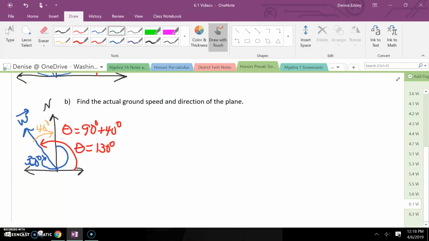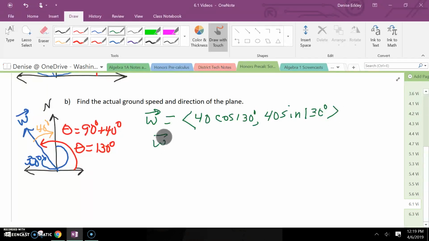Now going through the same procedure we did for the airplane, our wind component form is going to be the speed of 40 times the cosine of 130, and then the speed of 40 times the sine of 130 degrees. Calculating those, our wind becomes negative 25.71 for the horizontal component and 30.64 for the vertical component.